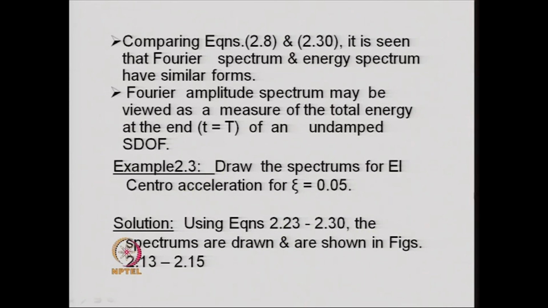Now, we take an example and draw the spectrums for the El Centro acceleration for xi equal to 0.05. Using the equations shown earlier, one can obtain the values of SD, SV, SA and the maximum energy, and plot them against not omega n, but 2 pi by omega n, that is the period, for a damping ratio of 0.05.